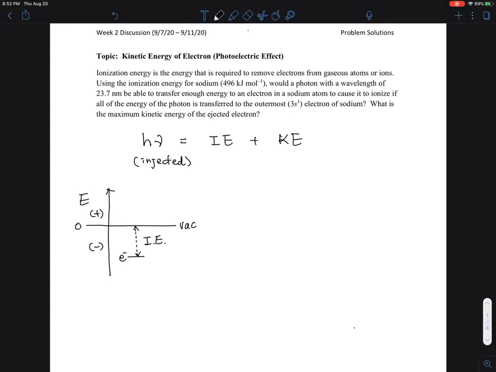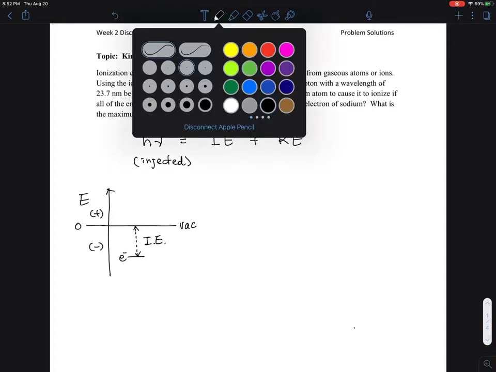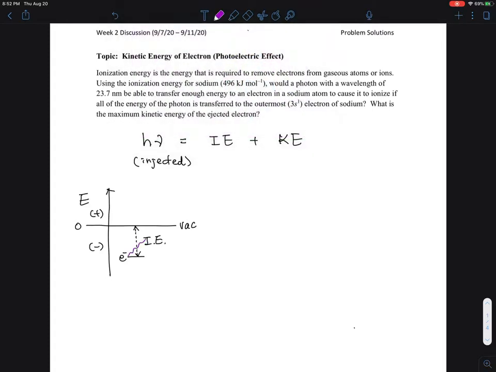So when you shine the light, it kicks the electron out, right? So this is energy, and it kicks the electron out. Let's say I'm trying to make a little animation here: this electron tries to move, and essentially moves out of the surface.